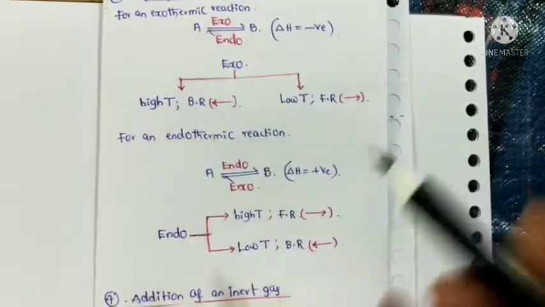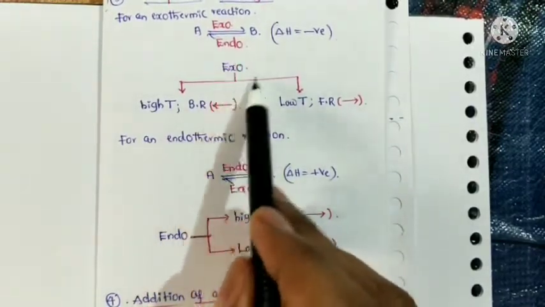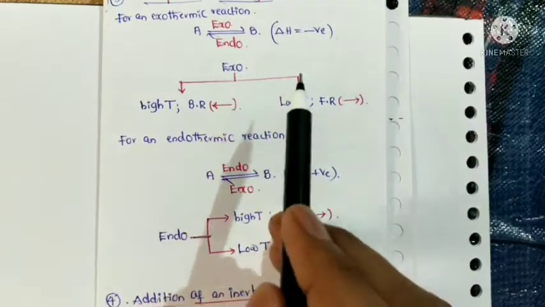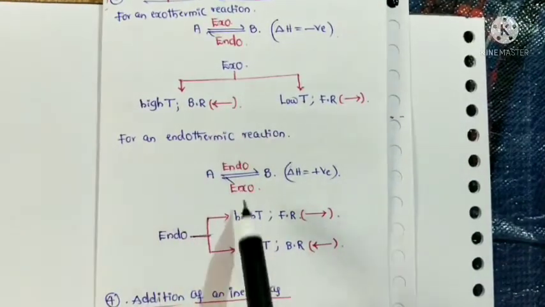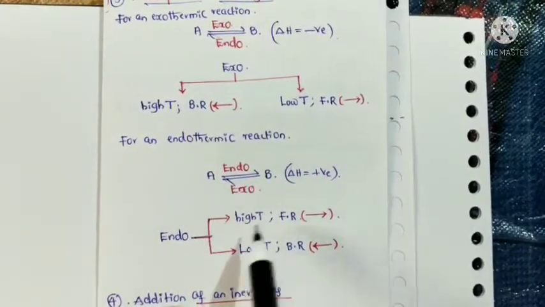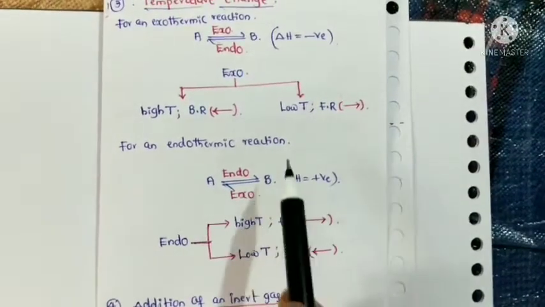So from this we can conclude that if the reaction is exothermic, low temperature is favorable. If the reaction is endothermic, high temperature is favorable.